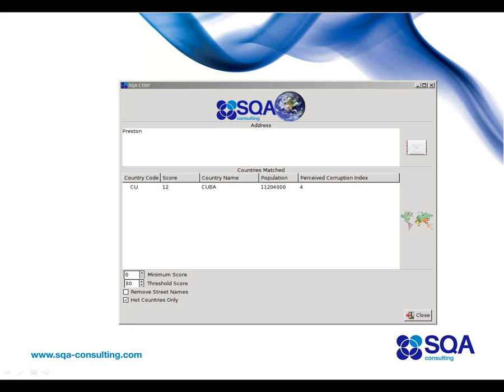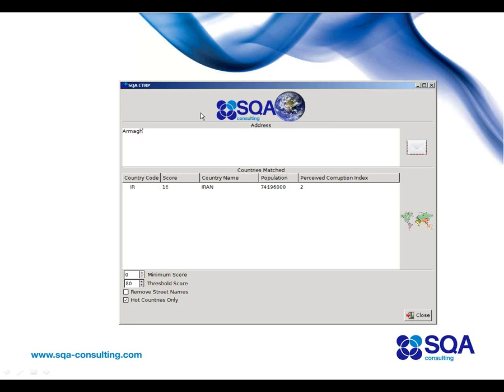We can see that Preston is in Cuba, and let's try another one almost at random. You might think I've rehearsed this and tried to find deliberately difficult ones. If I put in Long Island, I can see that's a place in Sudan. And if I put in Armagh, which is a county in Northern Ireland, I can see that's also in Iran.